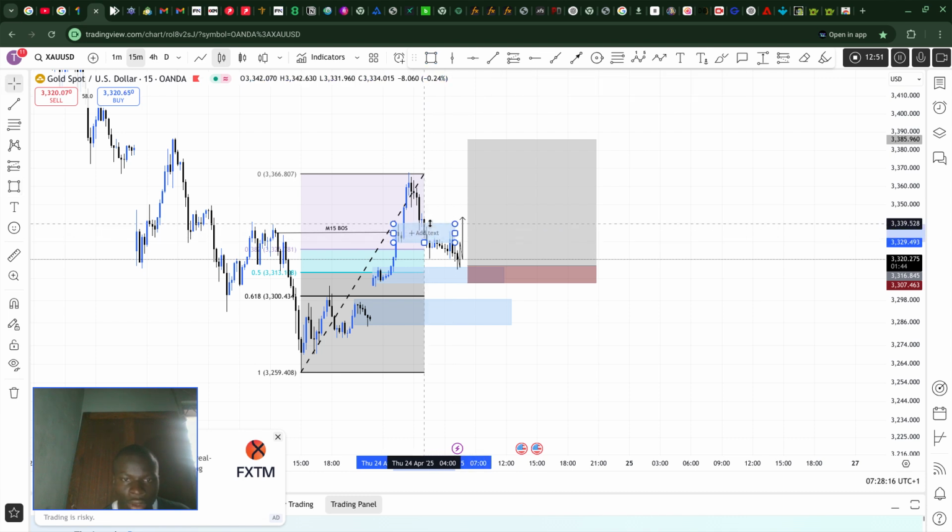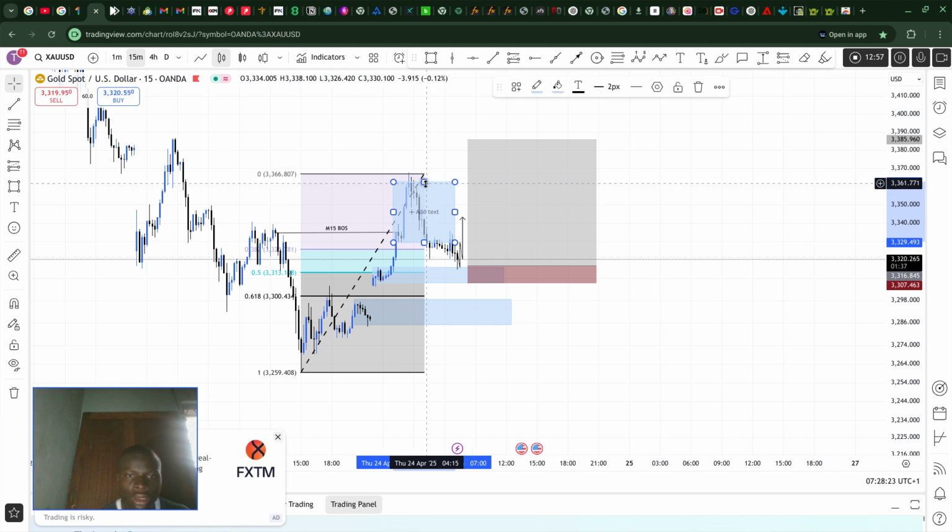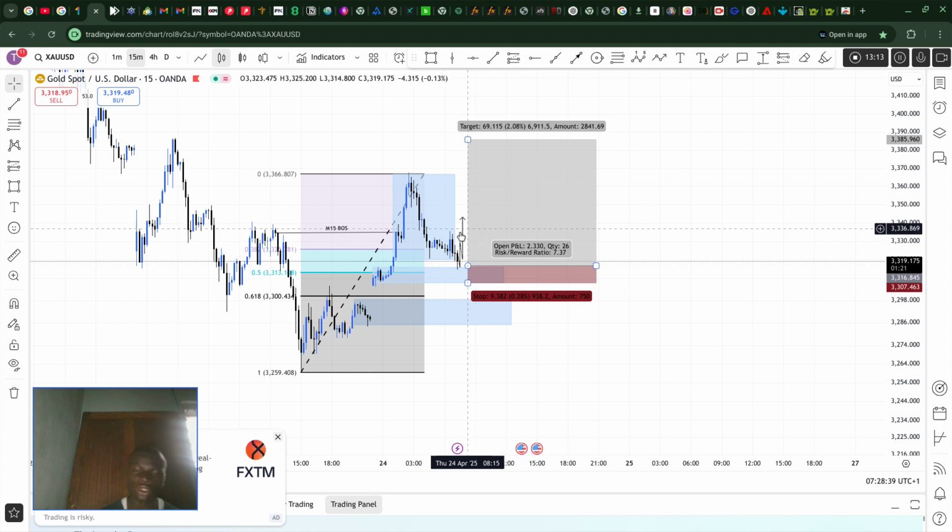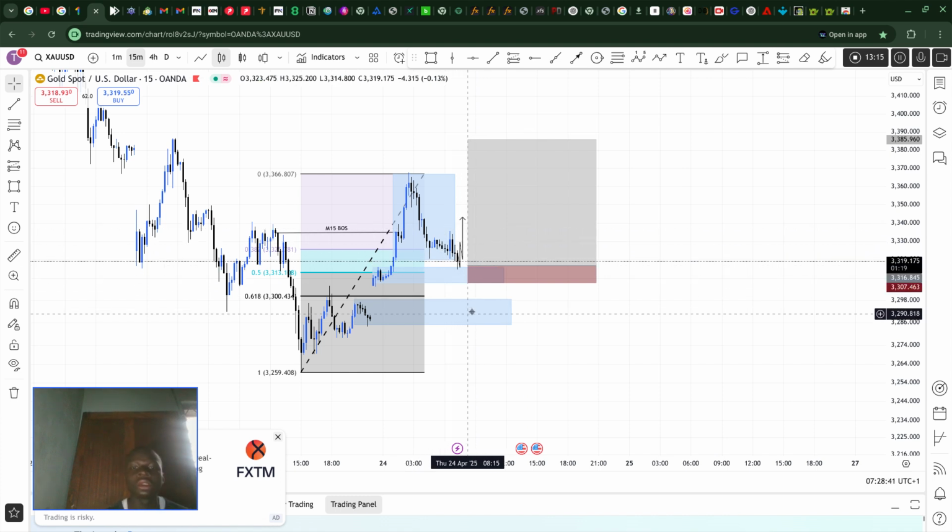So our PD range is actually here, right? So that's our PD range. The market might try to manipulate and give us a go, and that's what we're anticipating.